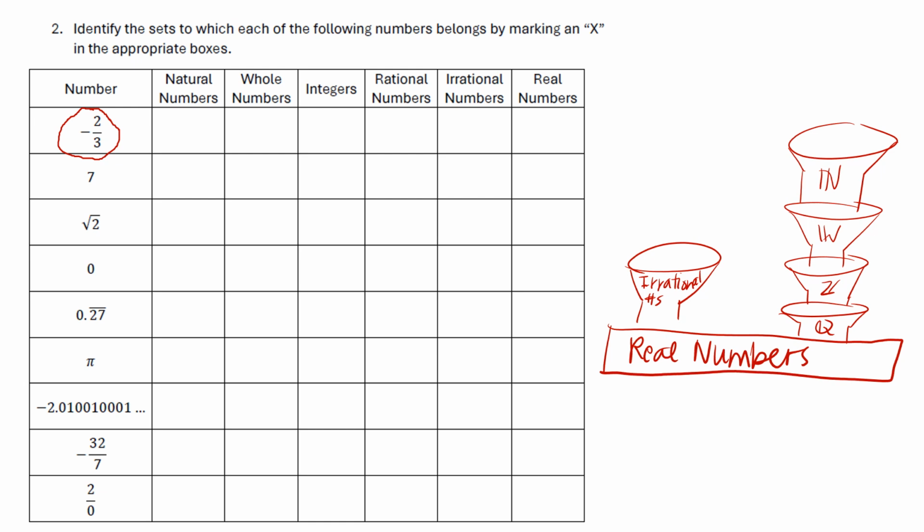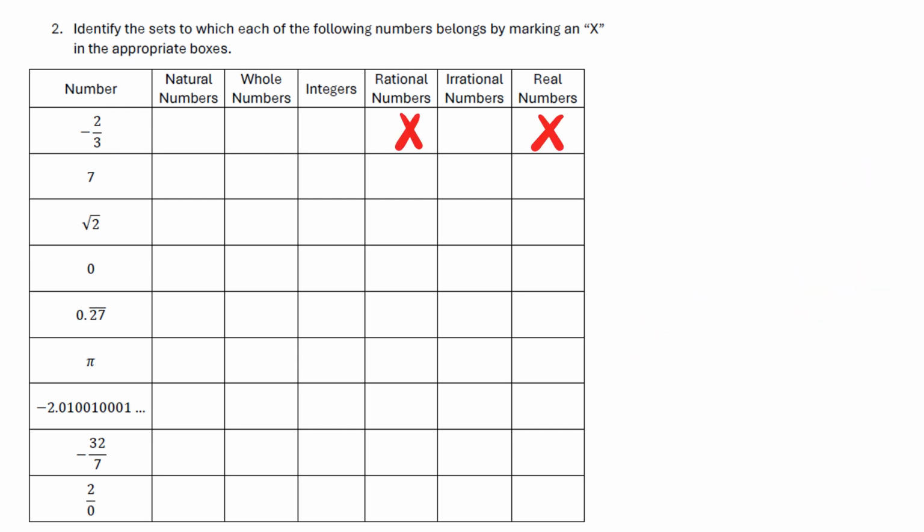So I'm putting it in the rational number funnel, and it's going to funnel down into the real numbers. So it's a rational number, and it's also a real number. All right, so I want you to go through your notes and repeat this process for every other number.